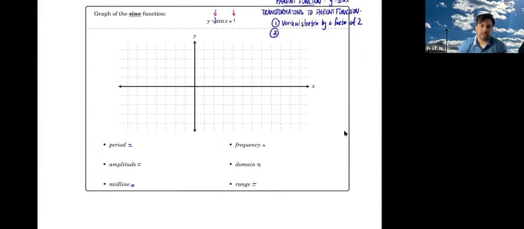Which one of these characteristics of the wave is that 2 going to affect? Is it the period, the amplitude, the midline? Which one? Well, if you guys don't see it, it's going to be the amplitude. So the amplitude is affected by the vertical stretch factor.